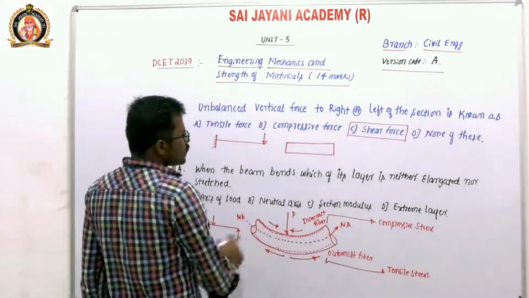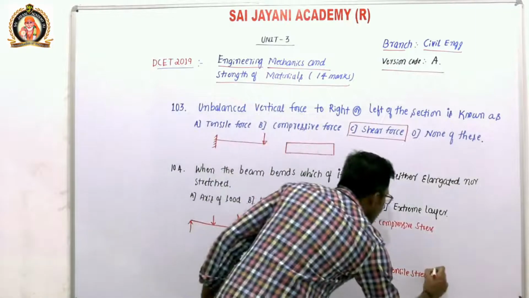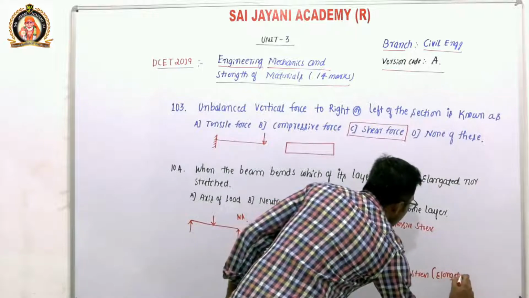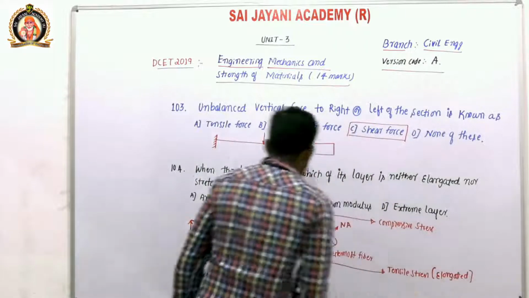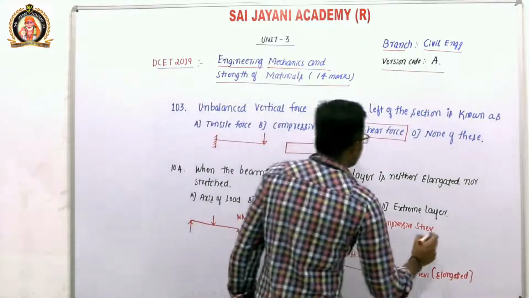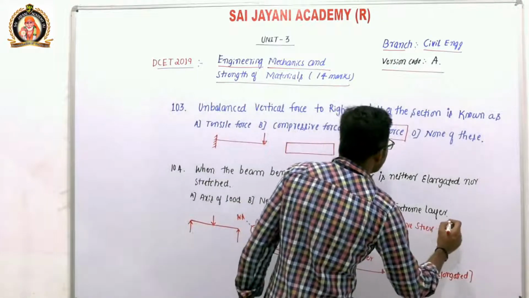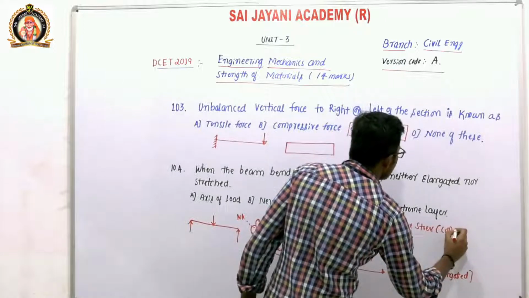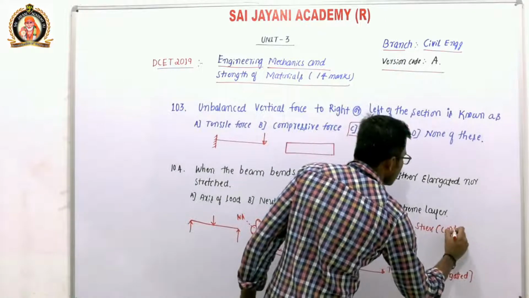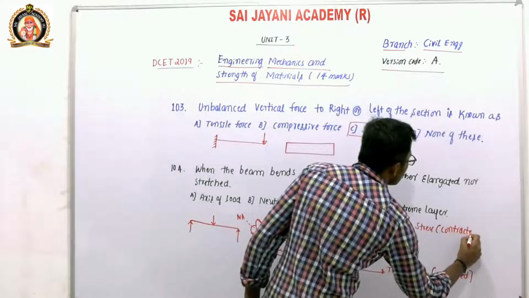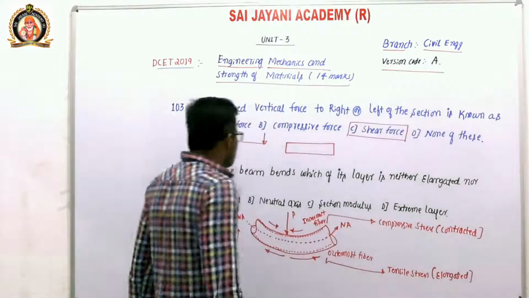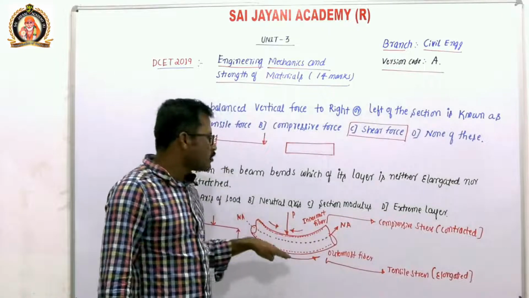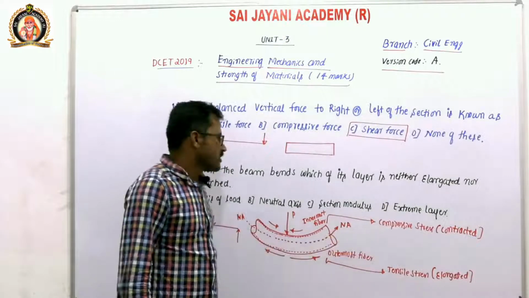So the outermost fibers get elongated, the innermost fiber gets contracted. So the innermost fiber will create compressive stress and the outermost fiber tensile stress.